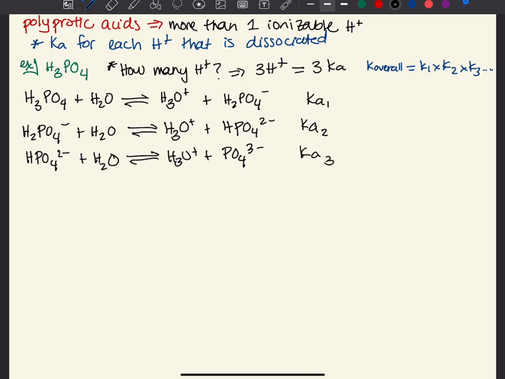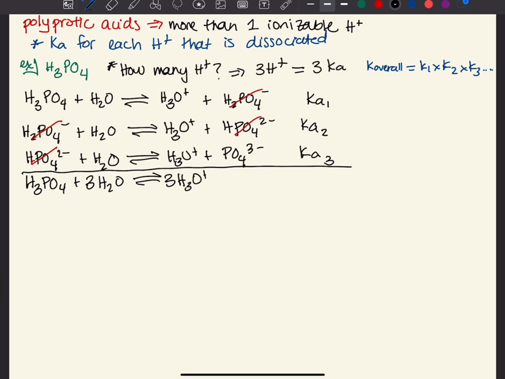Now, when you're looking at the overall equation, remember, if you have something on both sides of the equations, when we're adding these up, you can cancel them out. So I can cancel out my dihydrogen phosphate, and I can cancel out my monohydrogen phosphate. So that when I add these together, I'm going to get phosphoric acid plus 3 waters in equilibrium with 3 hydronium ions plus phosphate.